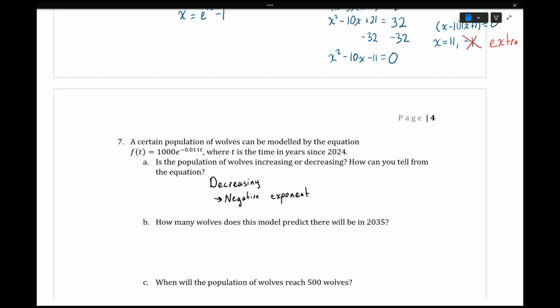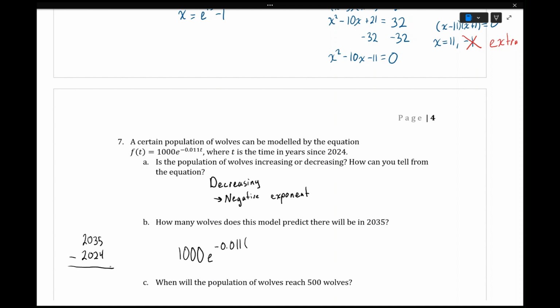Now, the next thing we need to do is determine how many wolves this model predicts there will be in 2035. Now, notice that this is time in years since 2024. So that means I need to do 1,000 e to the negative 0.11 times, well, what's 2035 minus 2024?